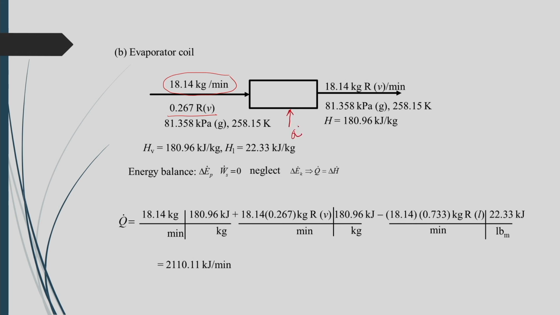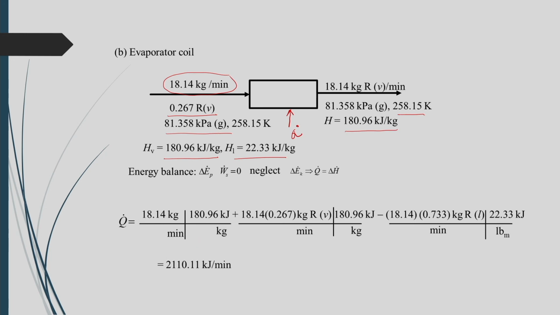So, that heat rate is to be calculated, but you will see that the enthalpy of the vapor coming out from the evaporator is 180.96 kilojoule per kg, at a pressure of 81.358 kilopascal and temperature of 258.15 K. At the inlet condition, the enthalpy of the vapor is 180.96 kilojoule per kg, whereas the liquid enthalpy is 22.33 kilojoule per kg.